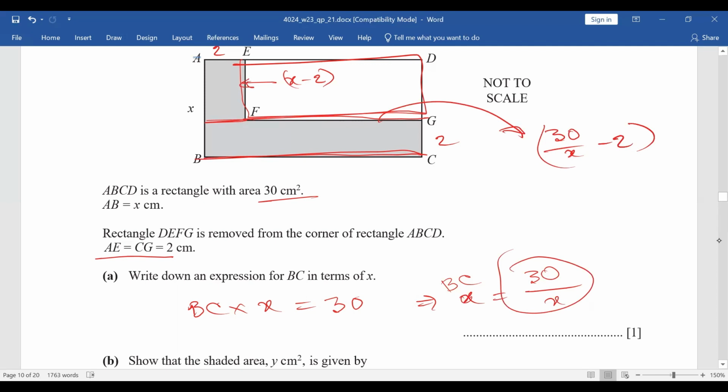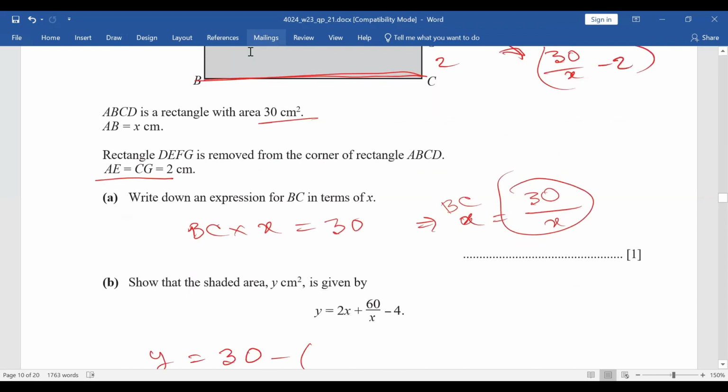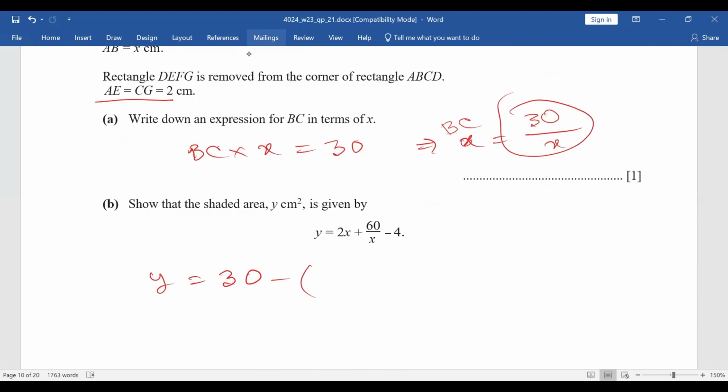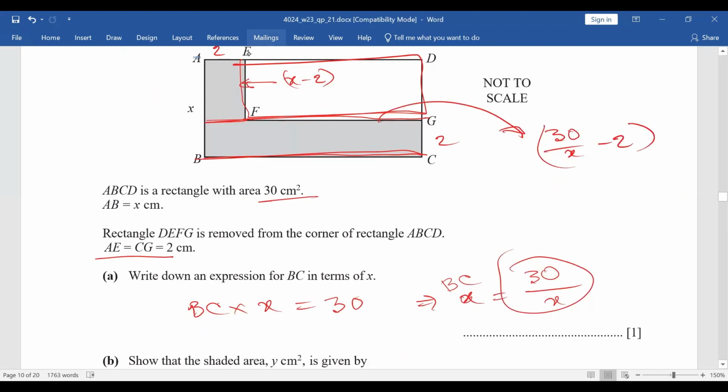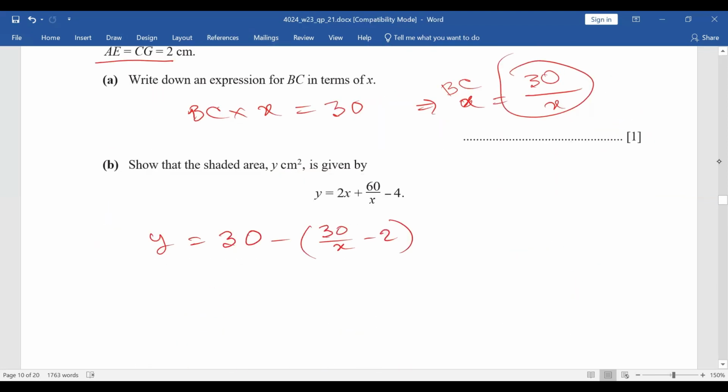If we multiply x minus 2 and 30 by x minus 2, we get the rectangular area DEFG. Just multiply 30 by x minus 2 times x minus 2.